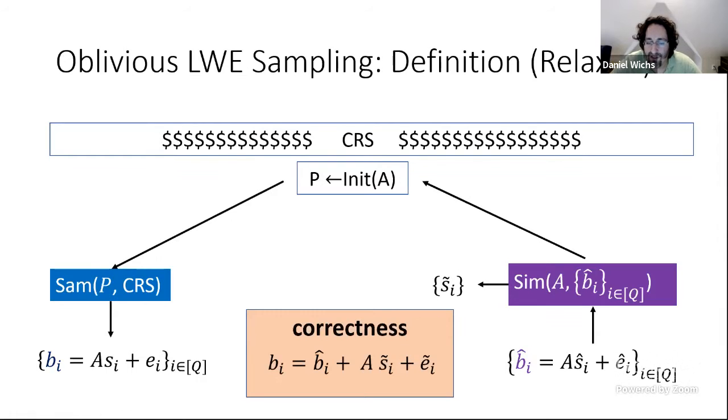And intuitively, this is good enough in the construction that we had because this BI hat will blind or re-randomize the ciphertext. And this extra LWE sample for which the simulator knows the secret won't hurt security in any way. So this relaxed version is good enough. And this will be what we'll aim to achieve.